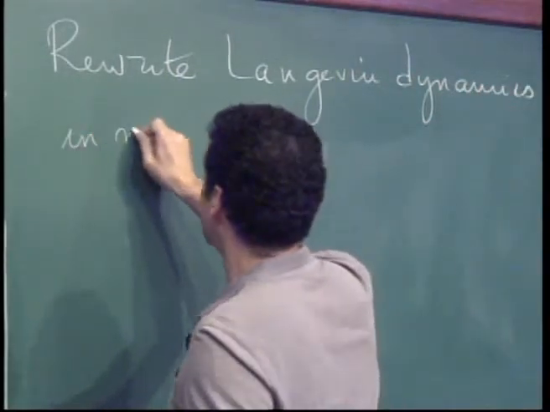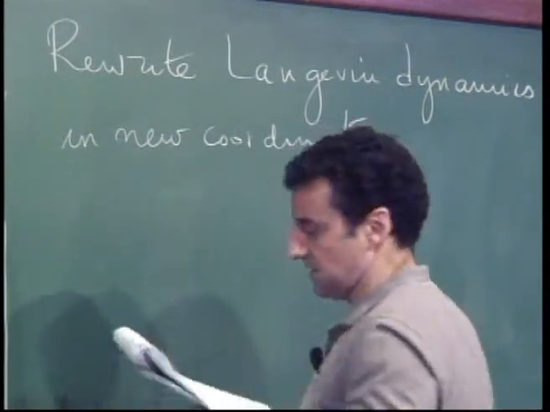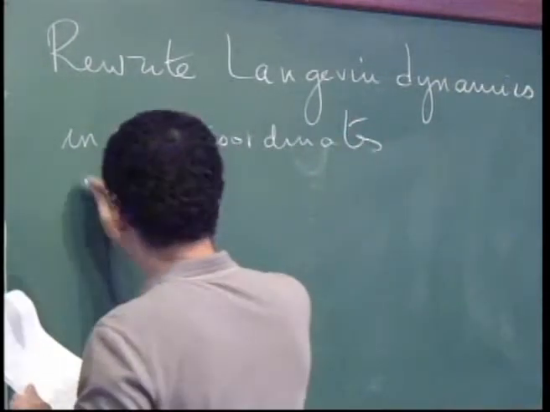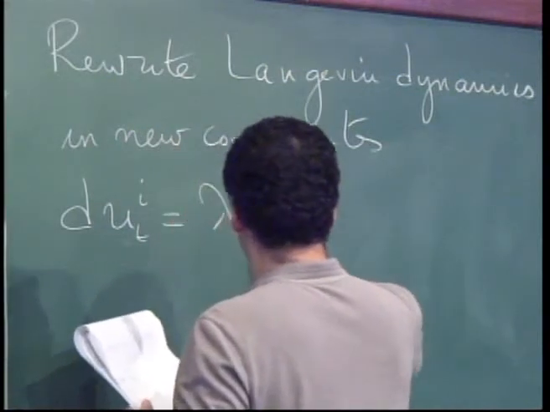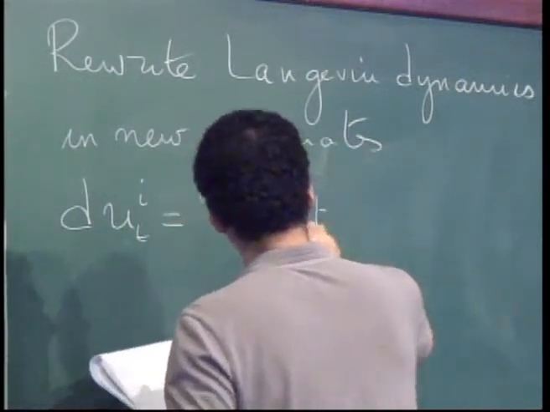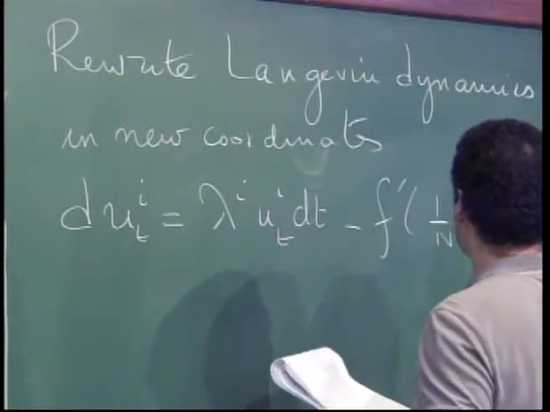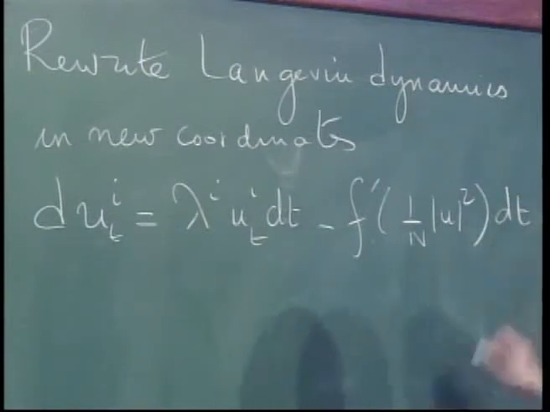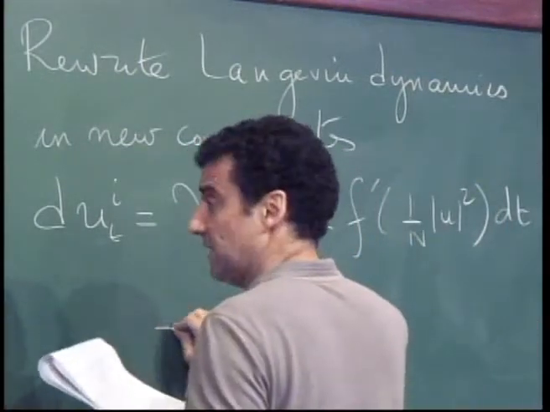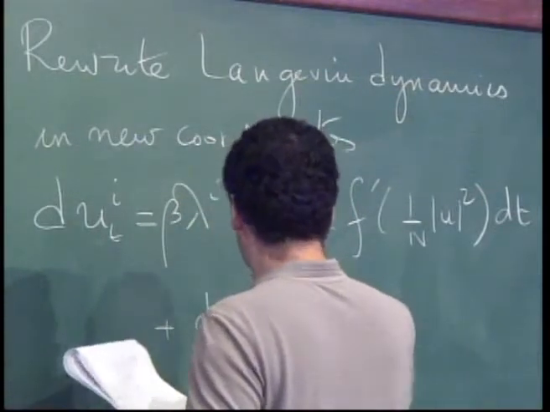After you diagonalize your matrix U, things are much simpler, and you get something like this: dU_i(t) is lambda_i U_i(t) dt minus f prime of 1 over n norm u square. The nice part about the orthogonal transformation is it doesn't change, of course, the Euclidean norm, so it doesn't change this term. And then you have minus, I must have missed a beta somewhere, plus dW_i(t).